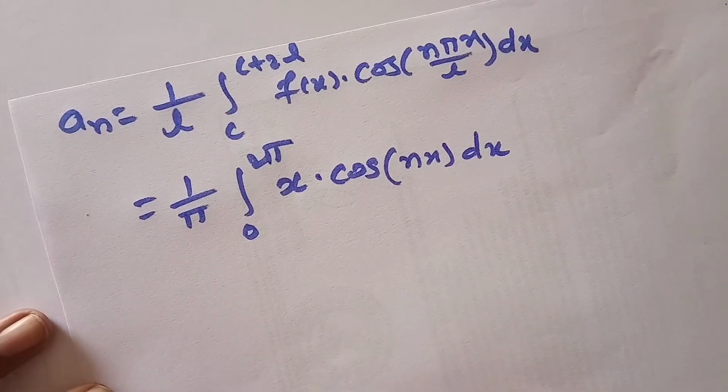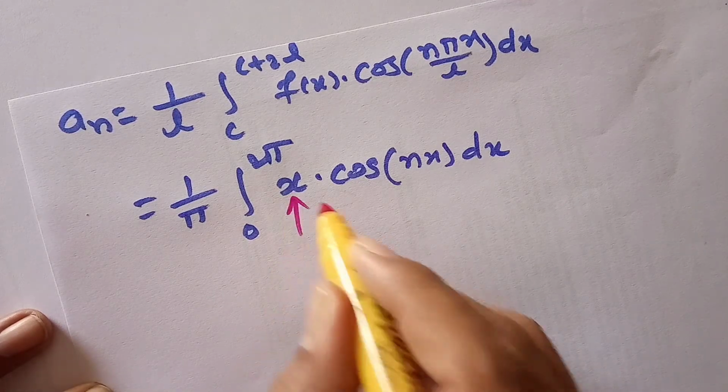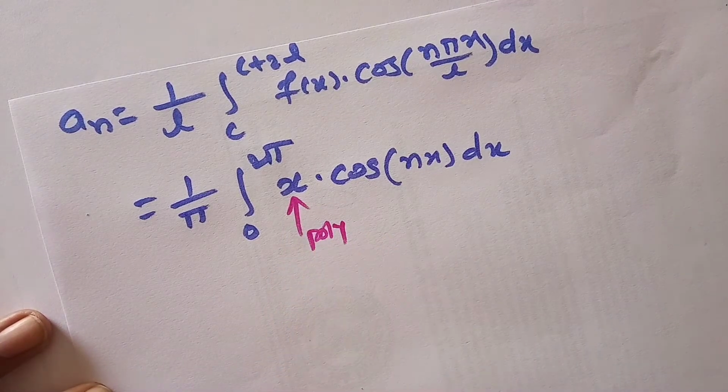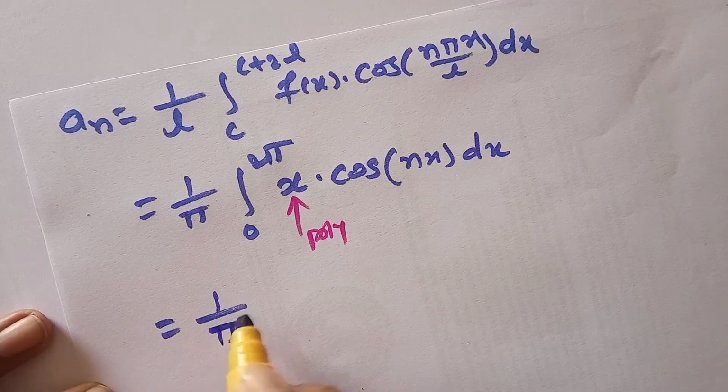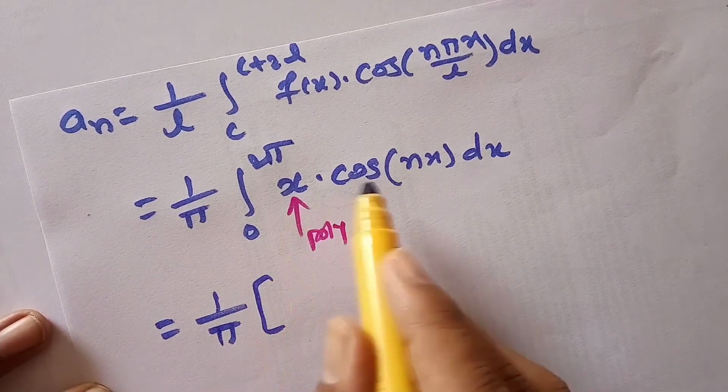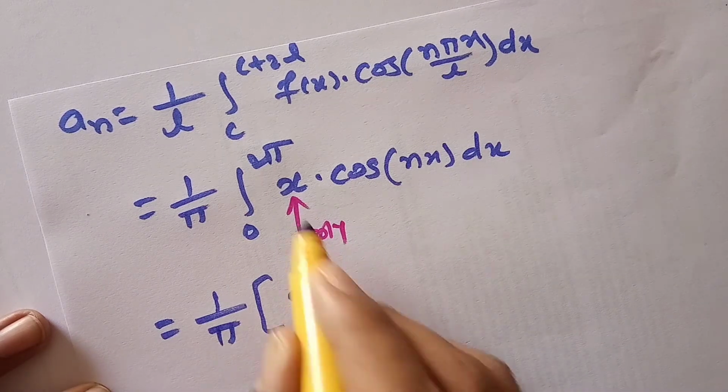Now we have to solve this integration. Again, we studied this one rule: if this is a polynomial function, then how do we find this integration? We have to use the Leibniz rule. To find the integration, we keep this x as it is.